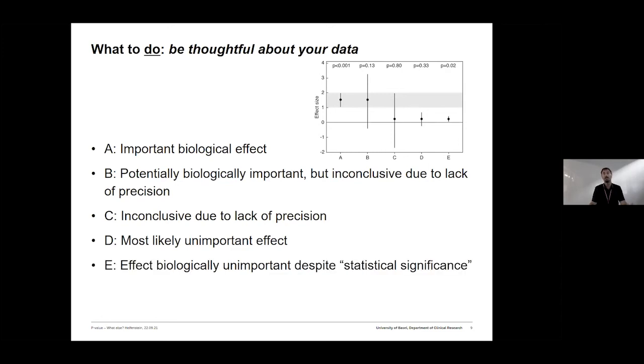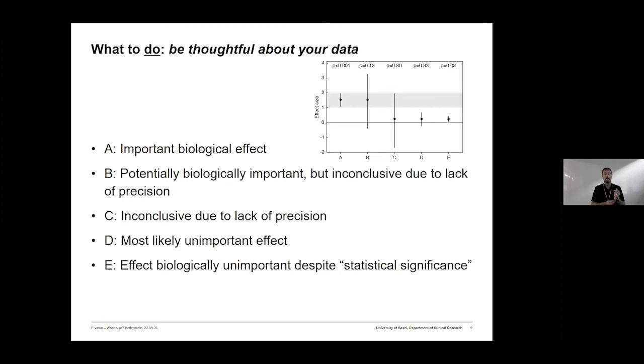And in the last case, you can be a bit more firm or a bit more confident in saying that you have good precision in estimating your effect. Potentially, it will turn out to be significant, but truly, how important is such an effect? It is biologically irrelevant, although statistically significant.